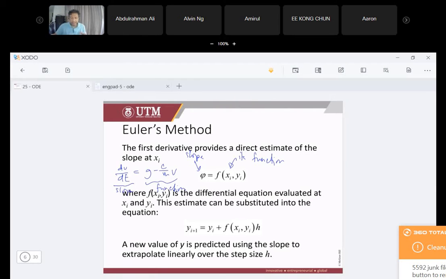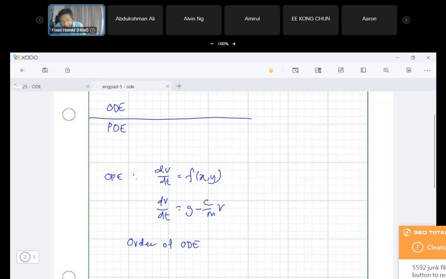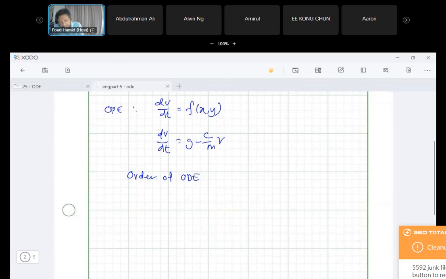So how do we do this? I think you've seen this before. In the case of dv dt, let me do this from the basics.